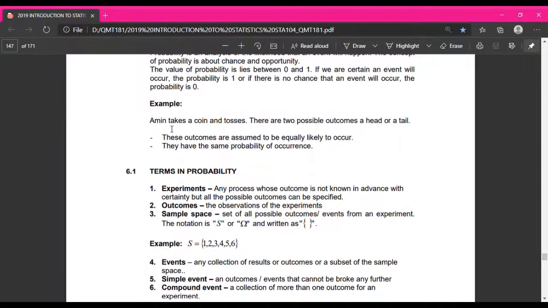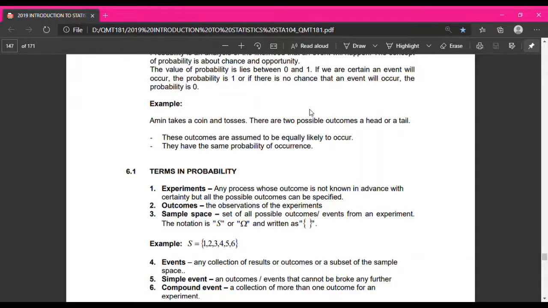Contoh kat sini, Amin takes a coin and tosses. Okay, there are two possible outcomes, which is a head or a tail. Kan, toss a coin, then the possible outcome will be sama ada head ataupun tail. These outcomes are assumed to be equally likely to occur. They have the same probability of occurrence.